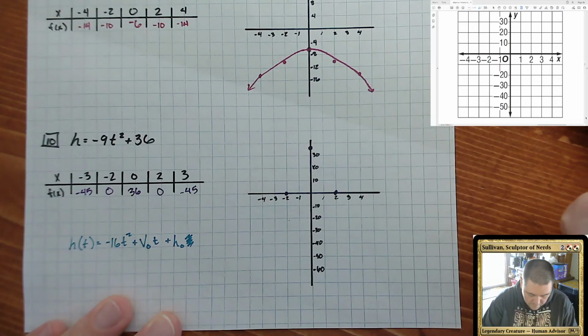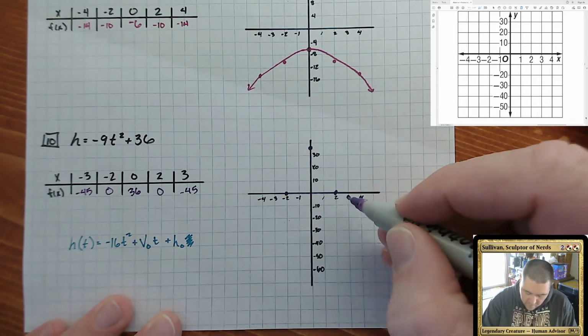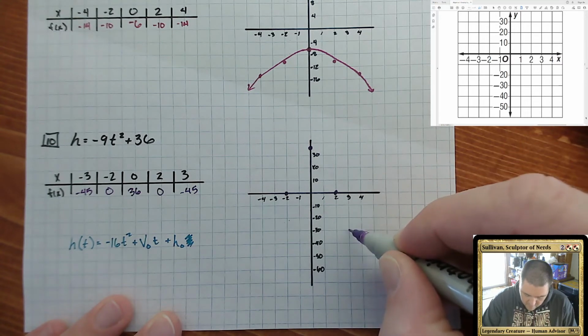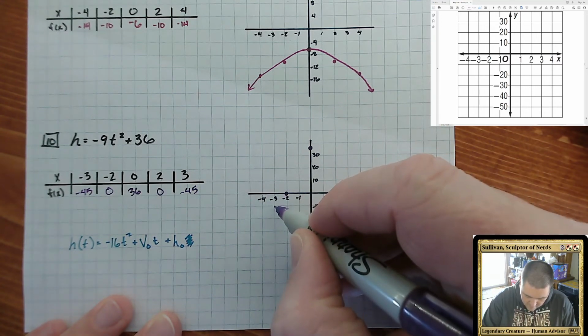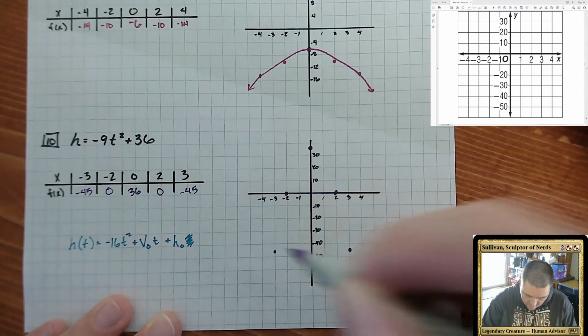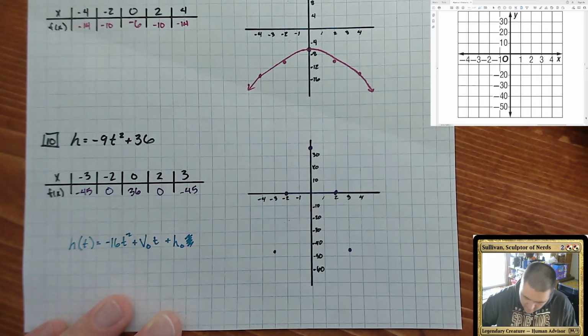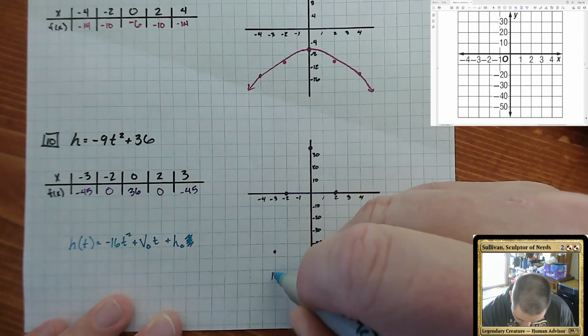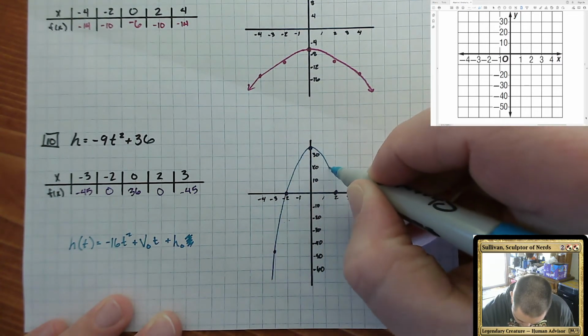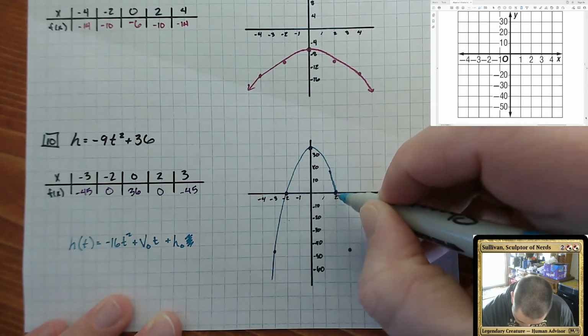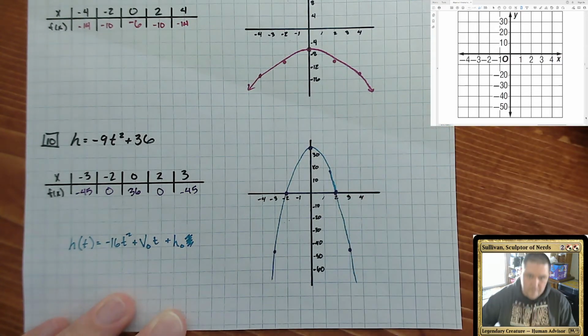Negative 2, 0. 3, negative 45. So here's 10, 20, 30, 40, 45. Here's 10, 20, 30, 40, 45. Connect the dots. Try to keep it curvy. There we go. All right.